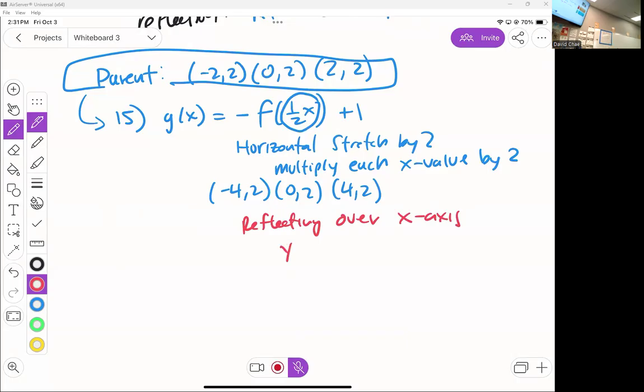Y value changes signs. Right? So we put Y value, so negative 4, negative 2, 0, negative 2, 4, negative 2. Be cool?